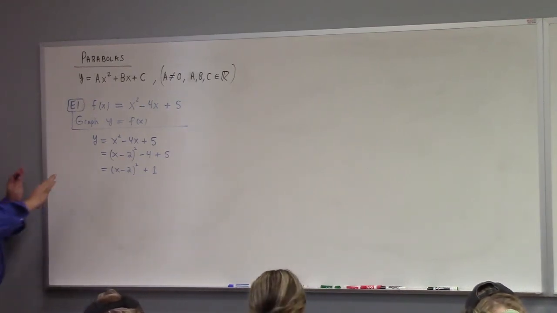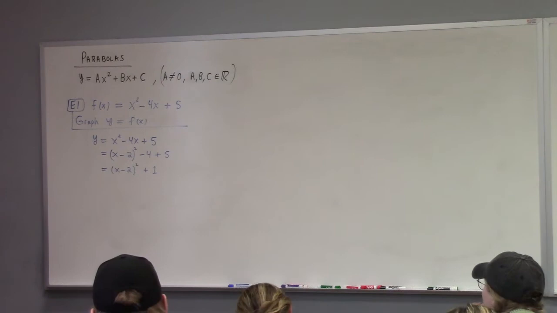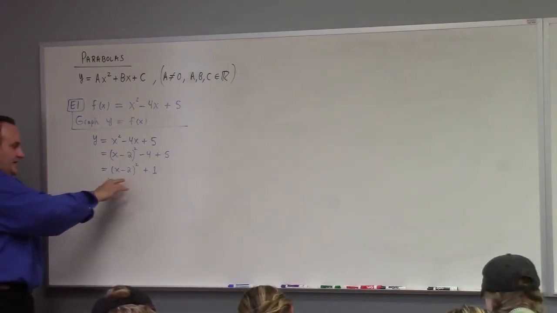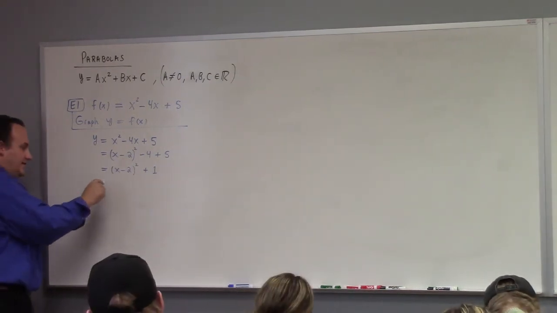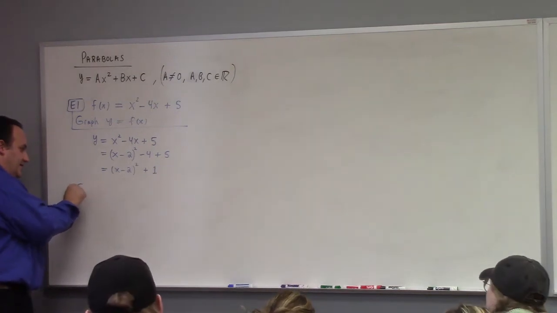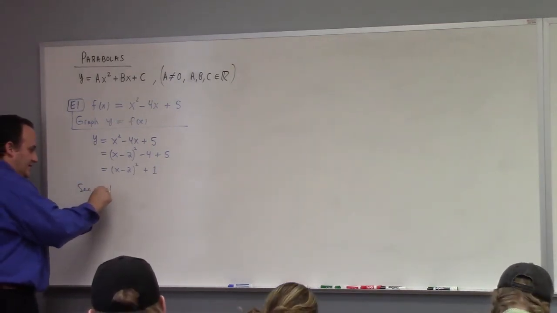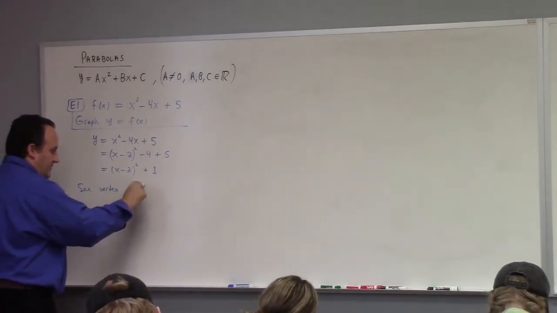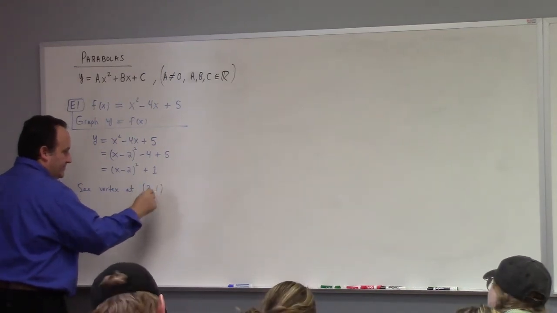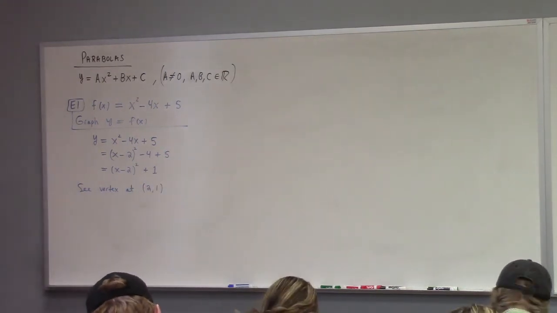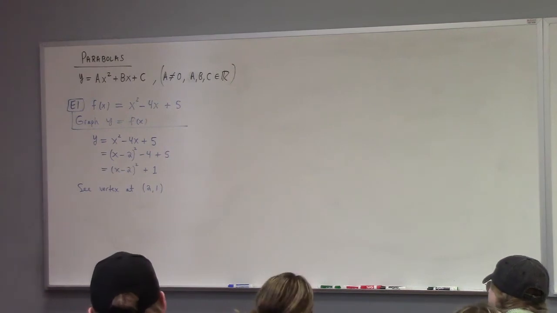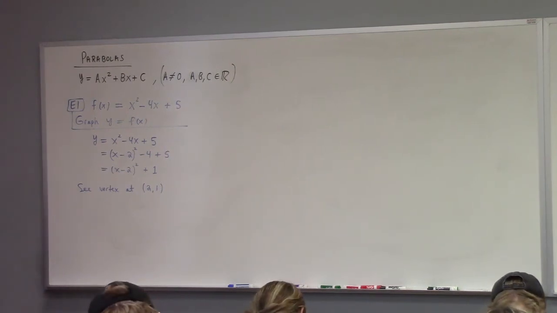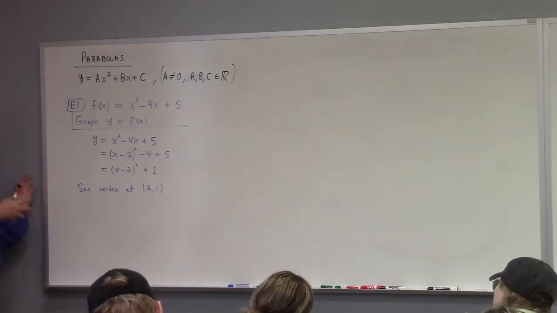And I can use this. This tells me things. Looking at this, I see the vertex is at (2, 1). The reason I see that, if you think about the formula: what's the smallest y can be?